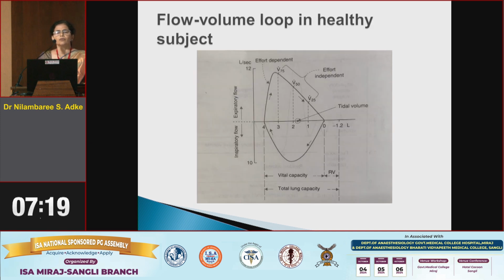Then these are typical flow volume loops in a normal healthy patient, where inspiration starts, and the curve below the baseline is inspiration and the curve above is expiration, which shows the forced expiratory flow rates at 25% and 75%.